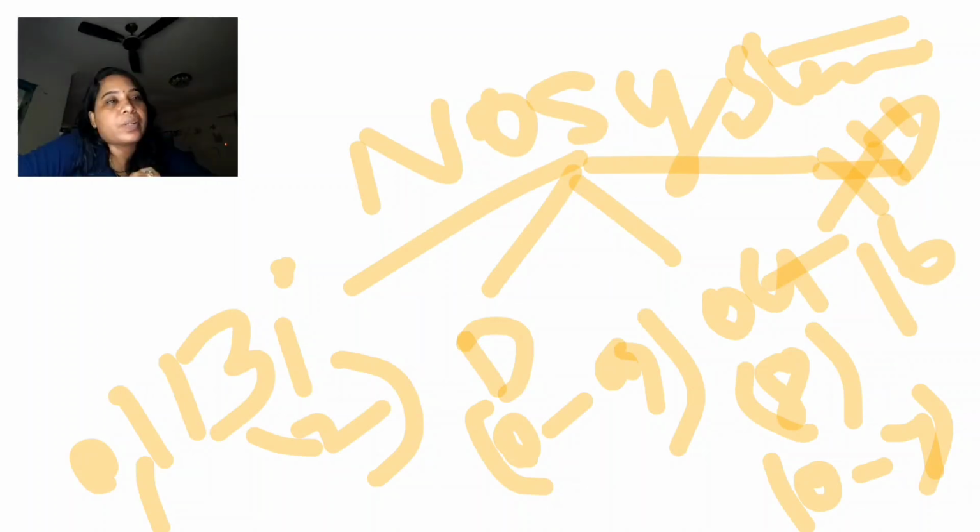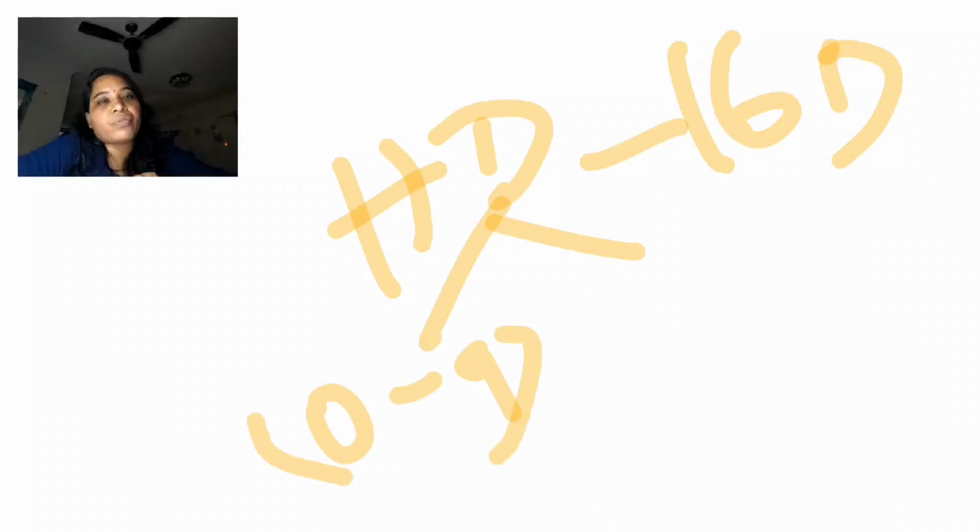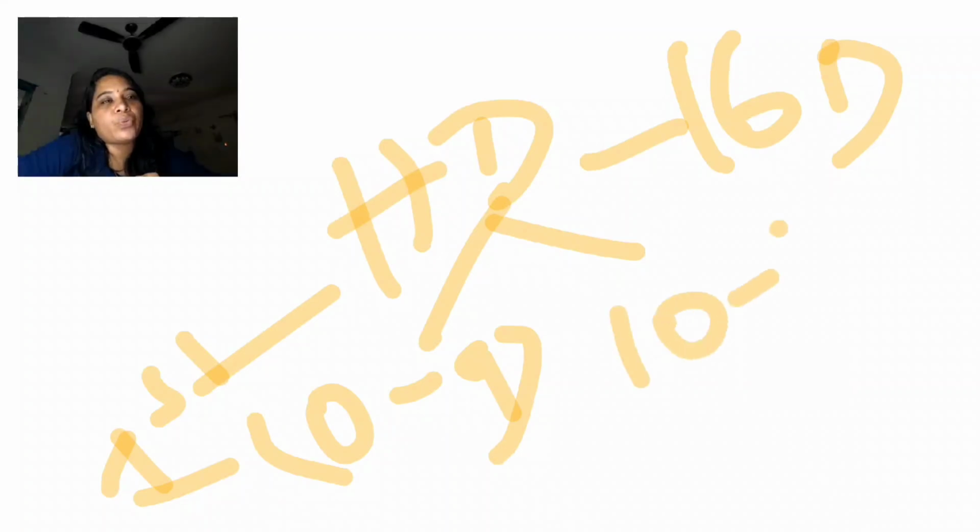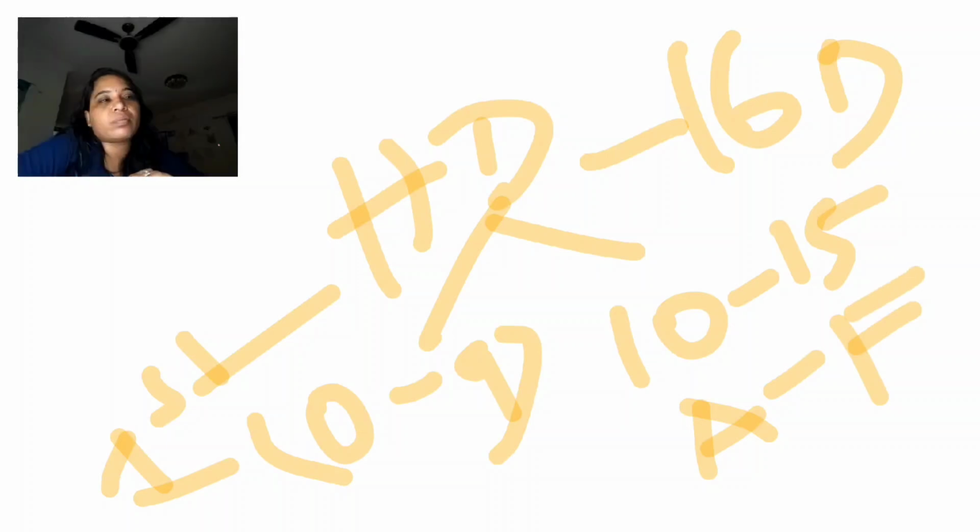How we can split the 16 digits: 0 to 9 is the first category, and then second we are going to split from 10 to 15, assigning the values as the letters A to F. Like this way we are going to make the number system in the computer.